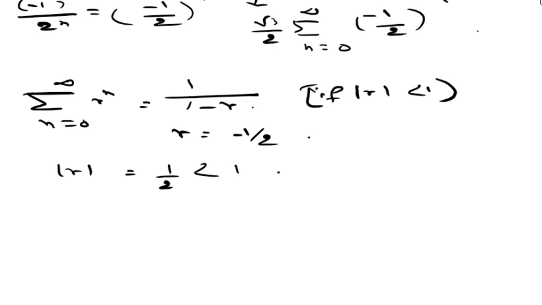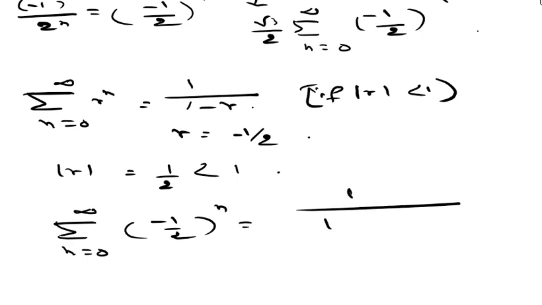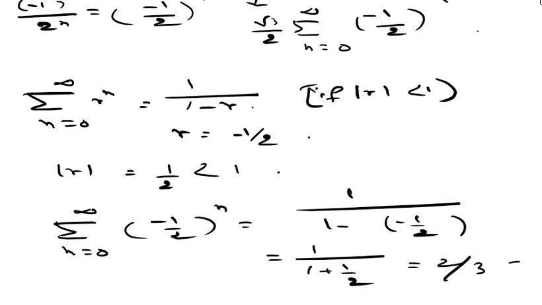Now apply the formula. Summation of n equals 0 to infinity of minus 1 by 2 whole to the power n is equal to 1 by 1 minus of minus 1 by 2, that is 1 by 1 plus 1 by 2, that is 2 by 3.